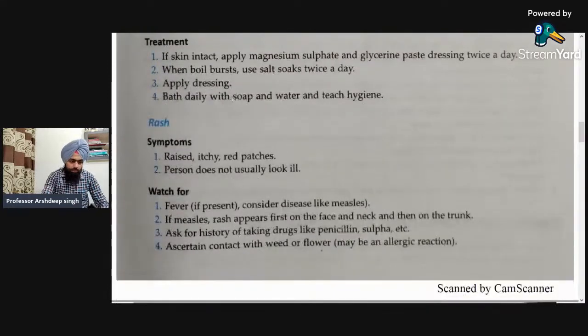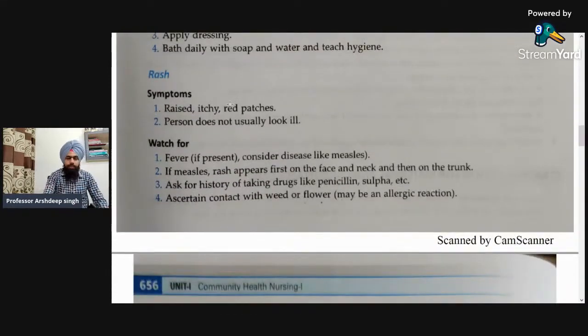Next are rashes. Different types of rashes or redness appear on the body due to different reasons. For example, symptoms: raised, itchy, red patches appear on the skin, which we call rashes. The person does not usually look ill, as there are just some rashes on the superficial skin, and the main sign is redness.